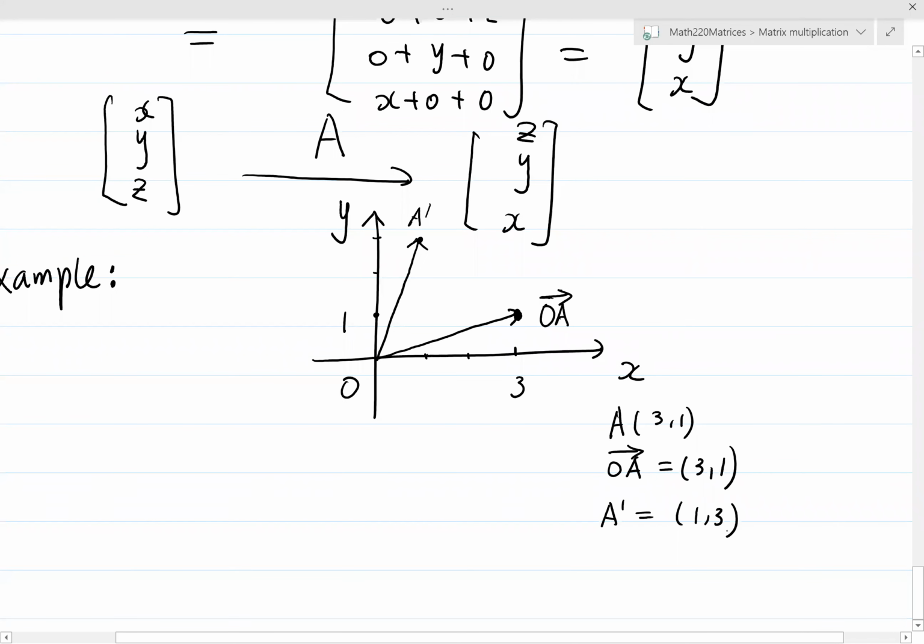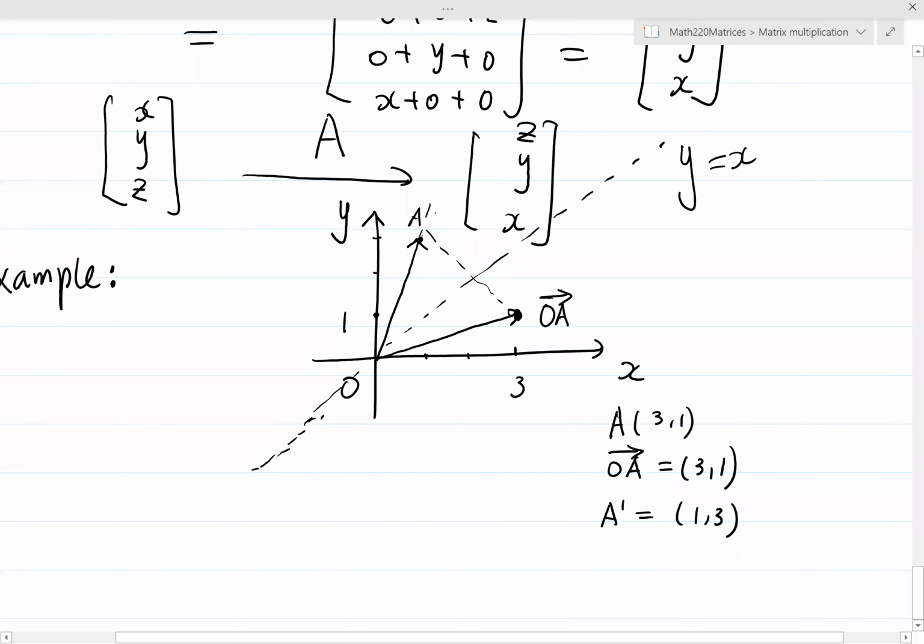If you switch 1, 3 with 3, 1, you see A and A prime are symmetric with respect to this line, the bisector of the third and the first quadrant. So this is the line y equals x. If you flip, A flips to A prime.